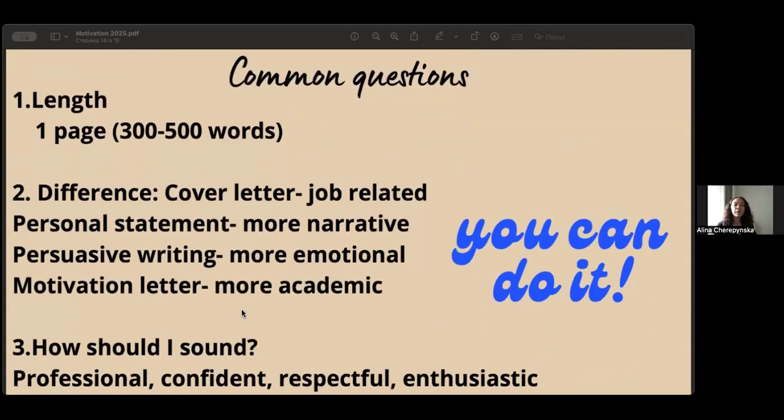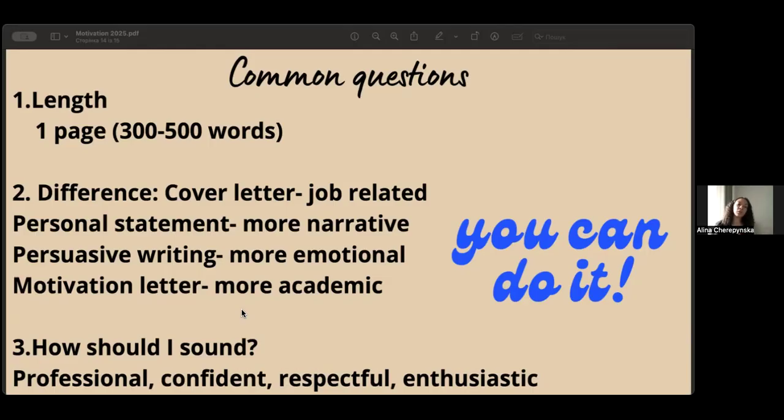I would like to emphasize the common questions that may come up. The first question is the length of a motivational letter. Usually, all official documents should be no more than 1 page. That is why you can imagine a page, let's call it that way. So, the page, that's the average size.